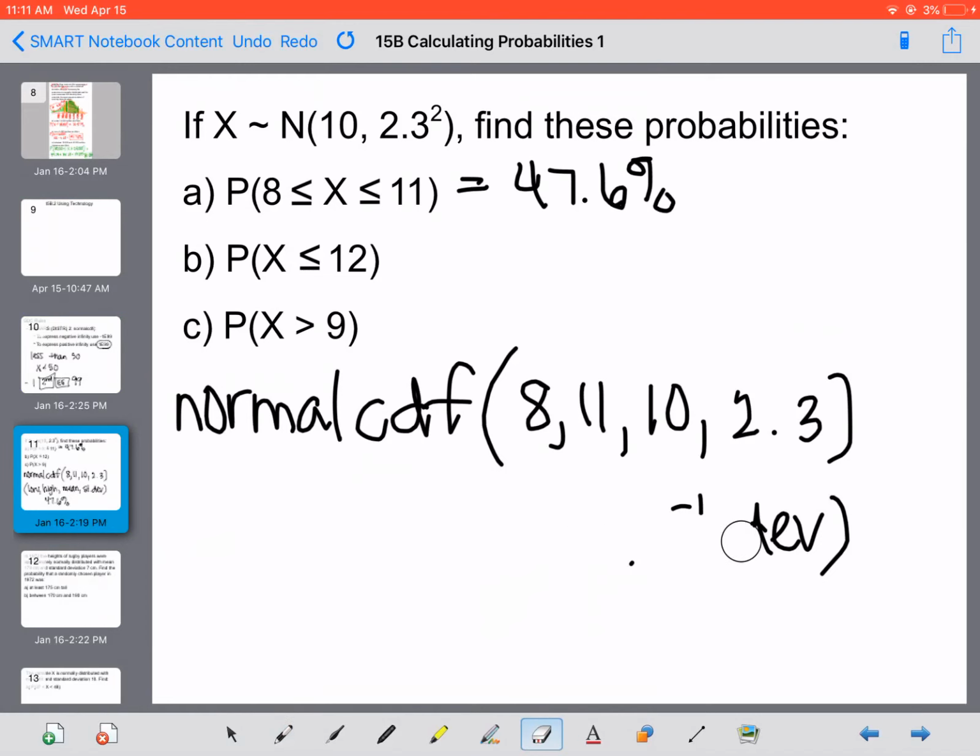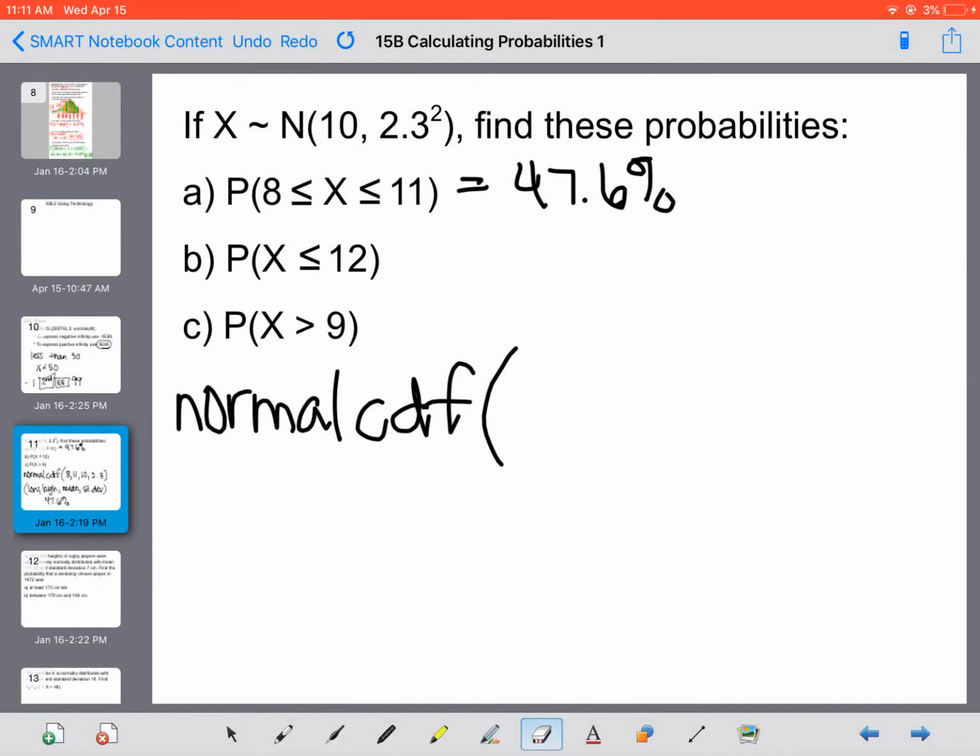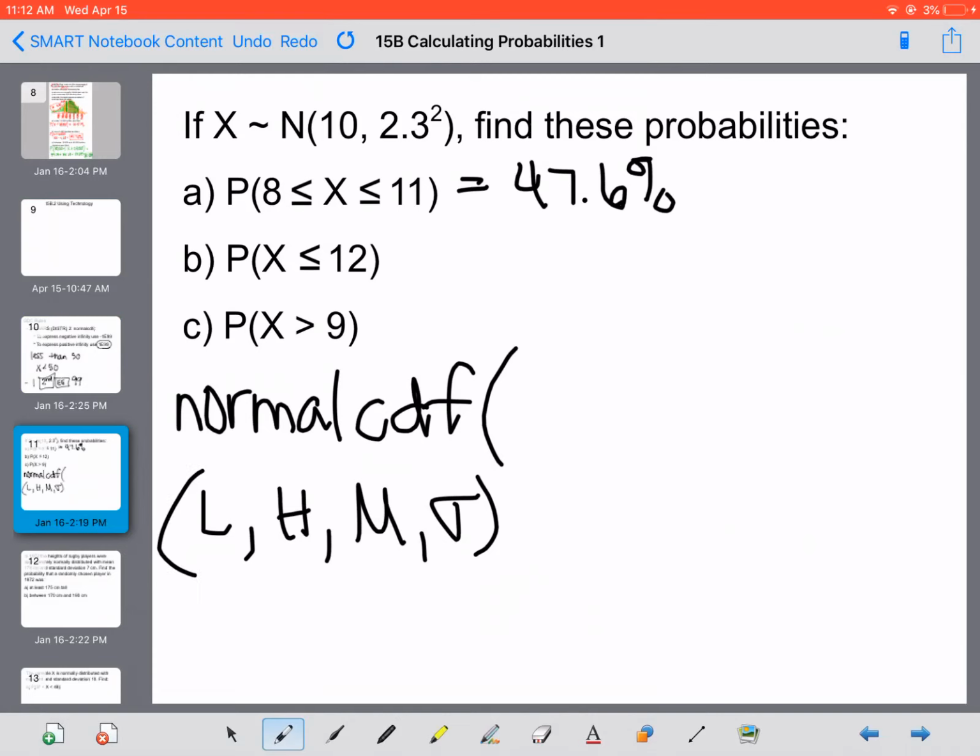Part B is saying I want it to be less than or equal to 12. Well, I'm less than 12, which means I'm going to negative infinity. So remember, we're going low, high, mean, standard deviation. That's how you're going to type that in. So my low, since I'm going to negative infinity, is going to be negative 1E99. And in that E, really, you guys, it stands for scientific notation.